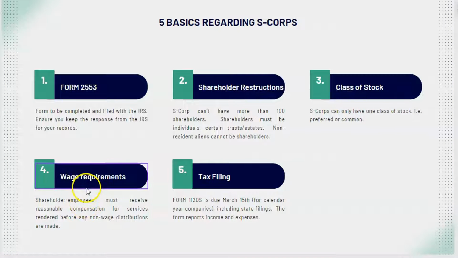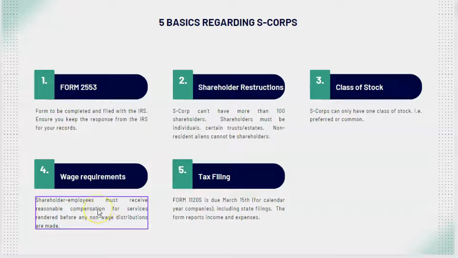Number 4 is wage requirements. This is also very important. I'll cover this in the tax return example here. Shareholders have to pay themselves a reasonable salary before taking any distributions. Now, reasonable is very gray, right? There's no definition of I run a certain type of business, here's the exact salary I need to be paid.